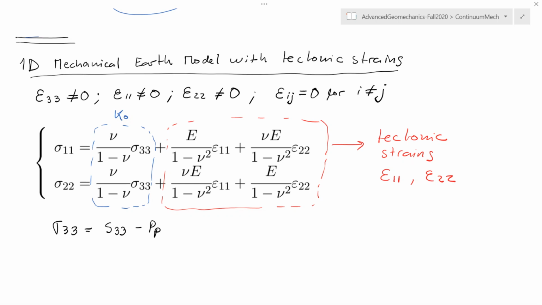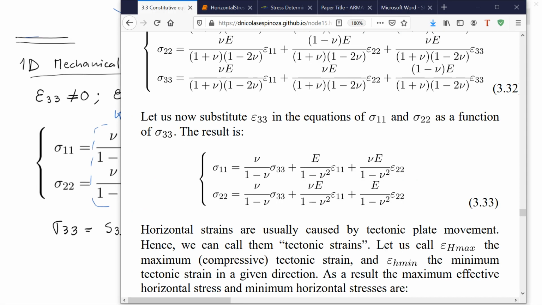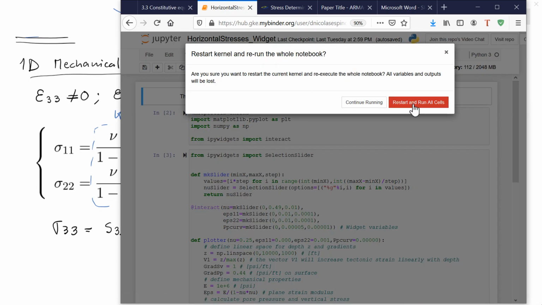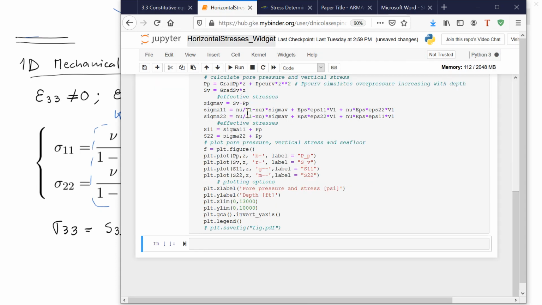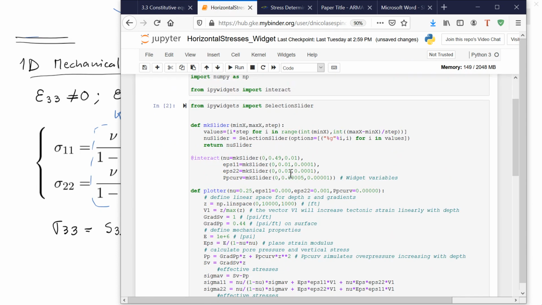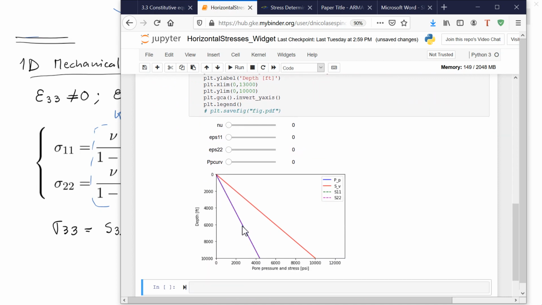All right, so let's see if my model has already been built over here. I have one example. Apparently it is. Here what I'm doing is I coded these equations that we just saw into a model in which the strains increase with depth. For example, if I have a Poisson ratio equal to 0, then solids are not going to expand laterally as you put stress on them.